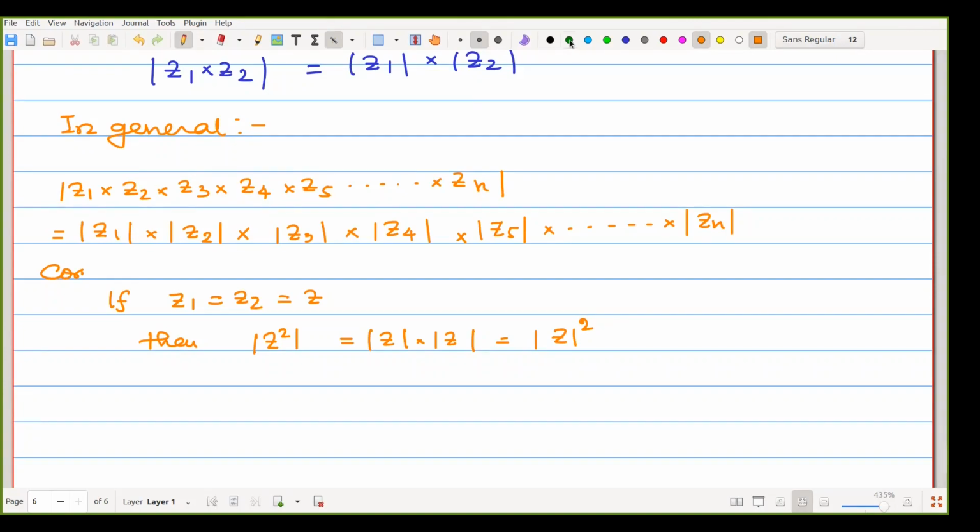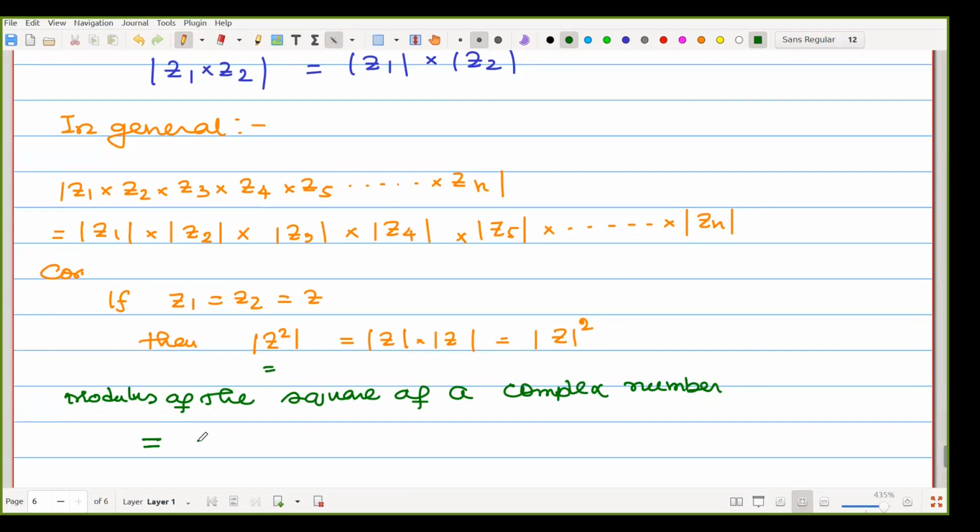That means you can write it simply: the modulus of the square of a complex number, that is the left hand side, is equal to the square of the modulus of the same complex number.